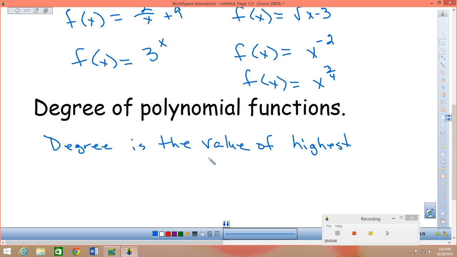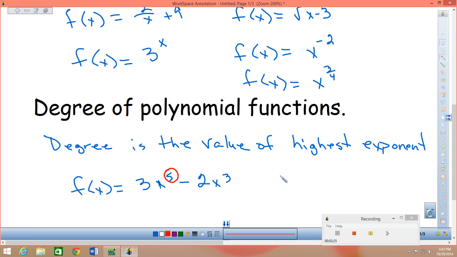Okay, so let's see. I can't write as fast as I talk. If I've got f of x equals 3x to the 5th minus 2x to the 3rd, this 5 is the highest exponent, so this is a 5th degree polynomial.